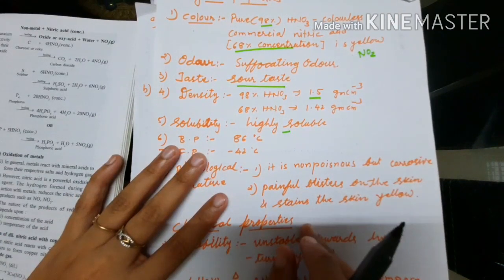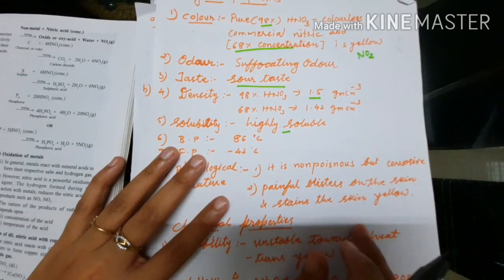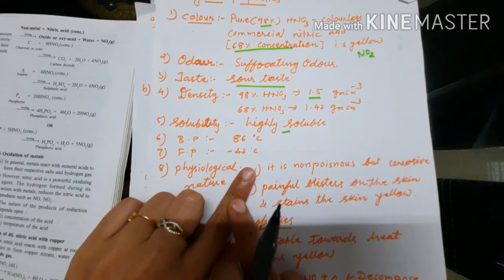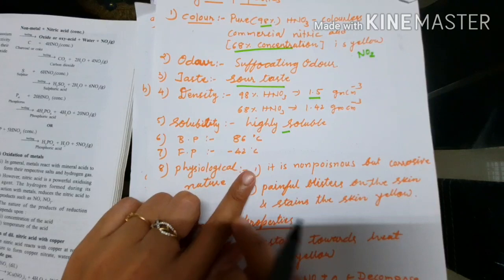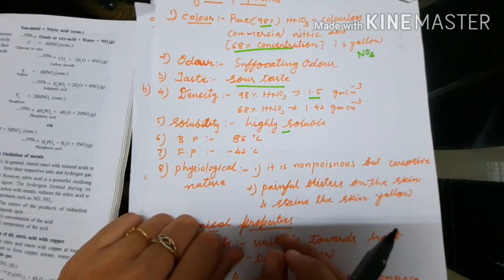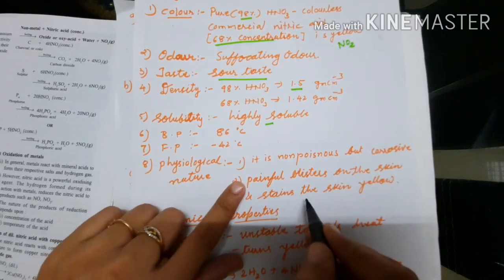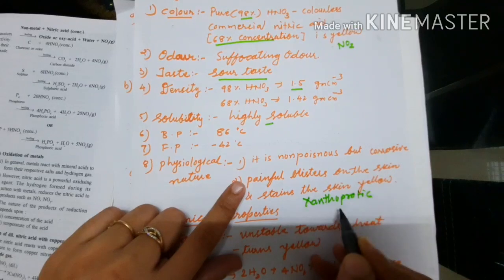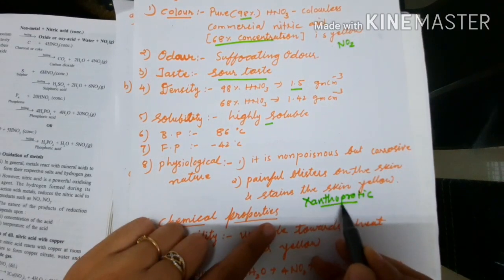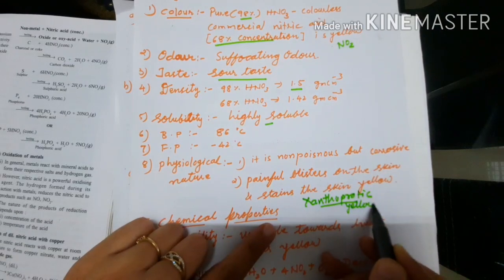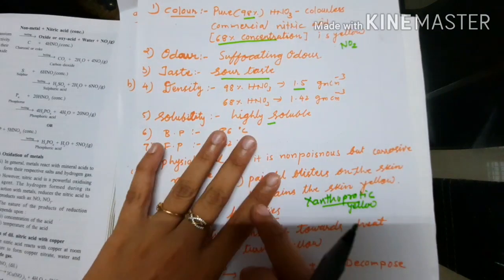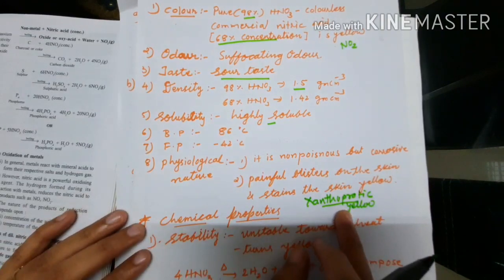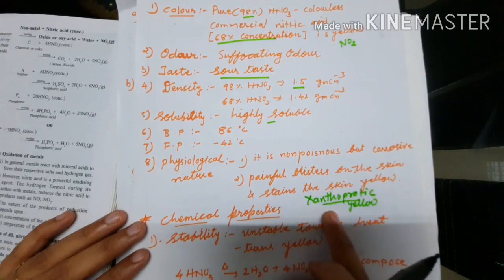Why does the yellow color come? Because nitric acid reacts with the protein of your skin and forms xanthoproteic acid. That xanthoproteic compound is yellow in color. So that yellow stain arises on your skin, and it is very painful. So that is the physiological nature of nitric acid.